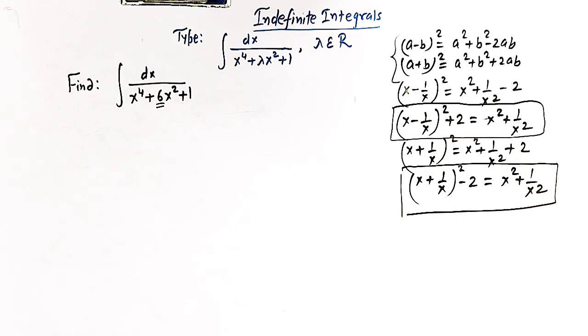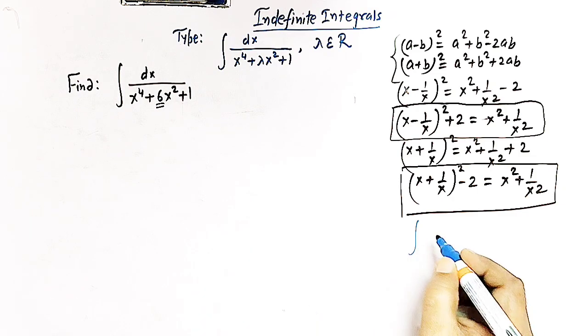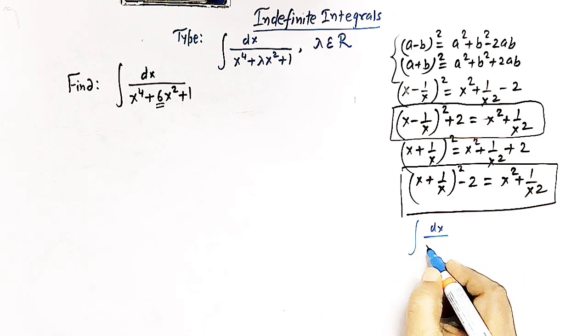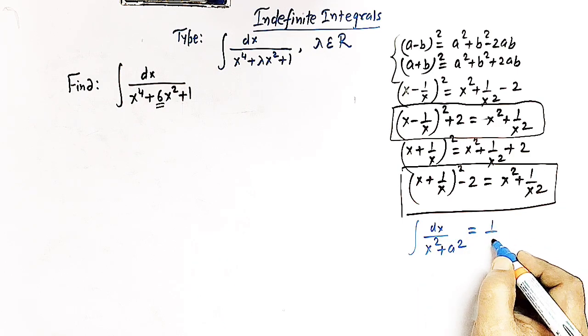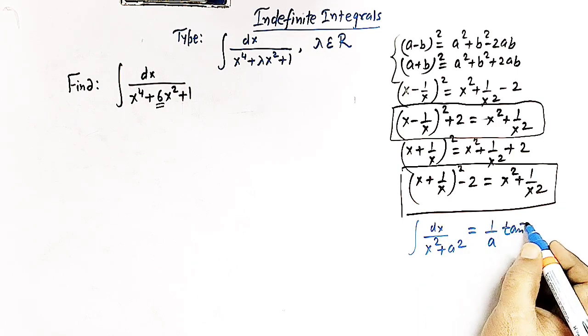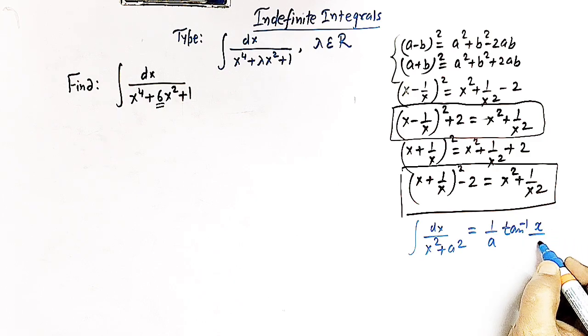And one more important result which we are going to use here is the integral, that is dx over x square plus a square. So here we have 1 over a tan inverse x over a.